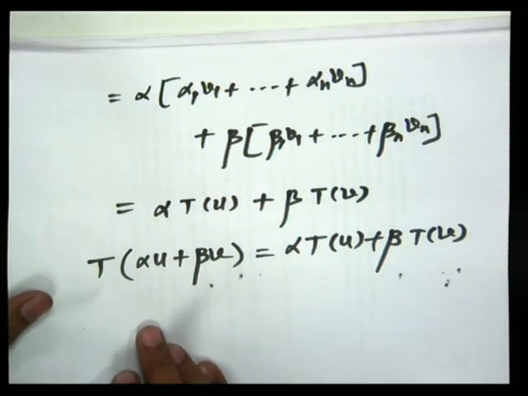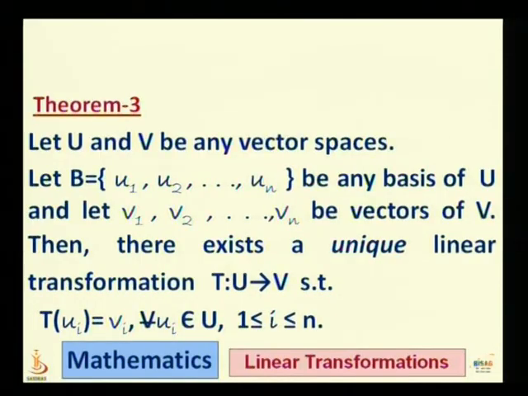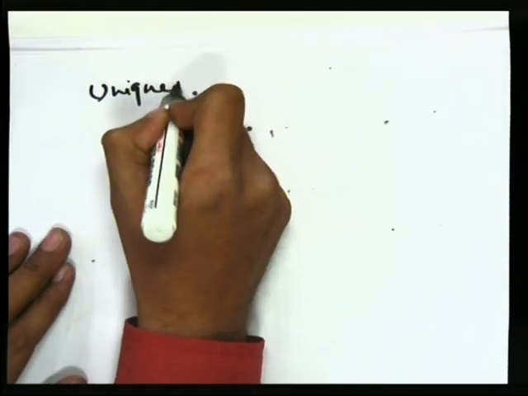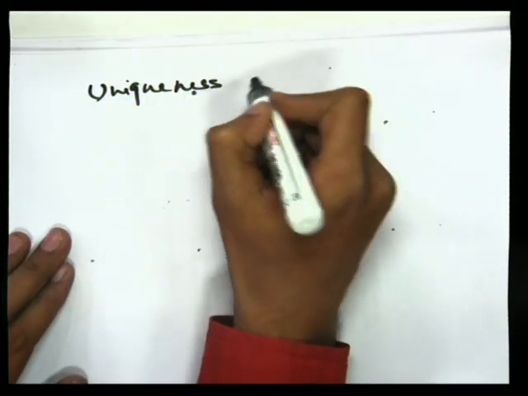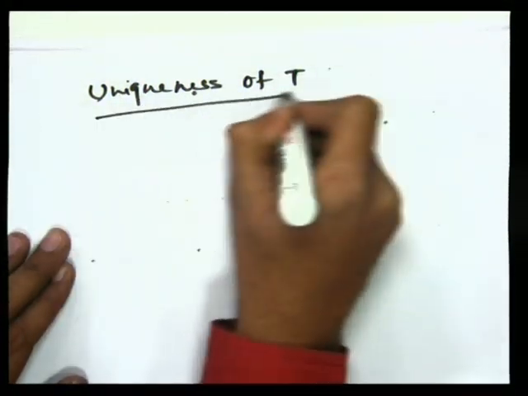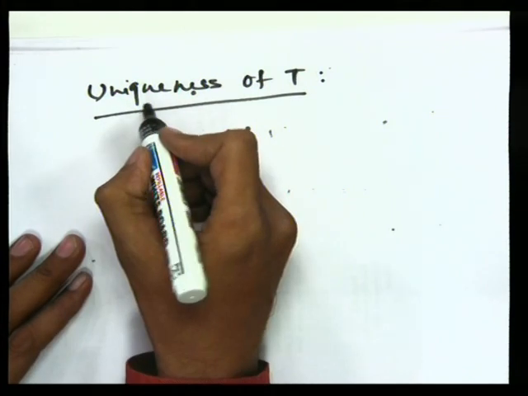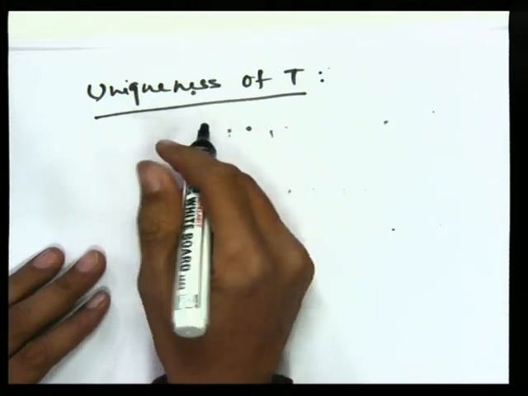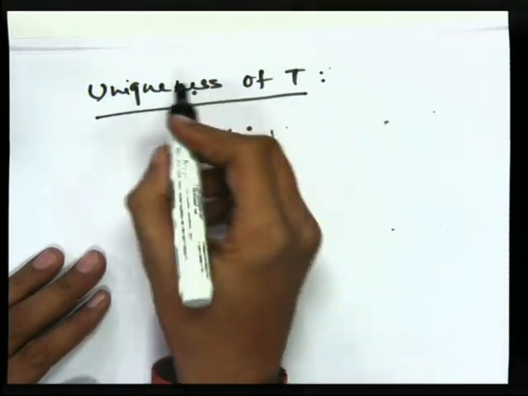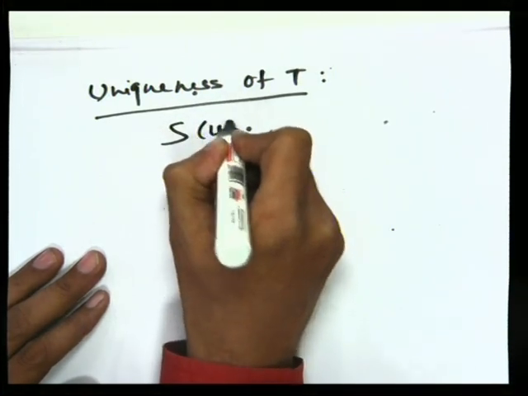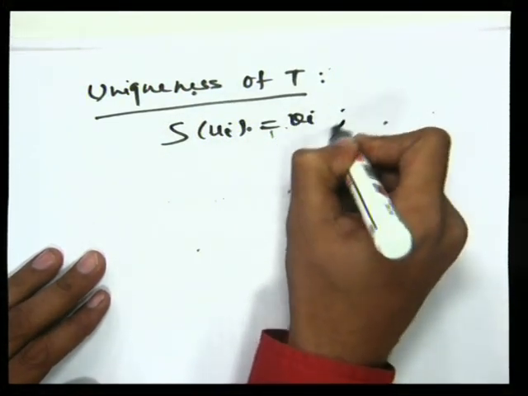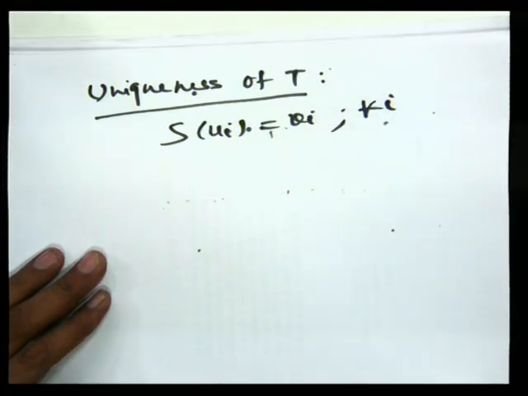Now we have to show that this transformation t is unique. Okay, uniqueness of t. Suppose there exists another linear transformation S from u to v such that S of ui equals vi for every i.